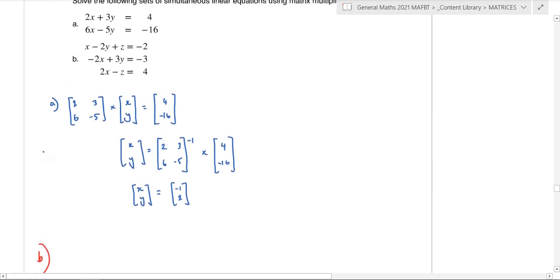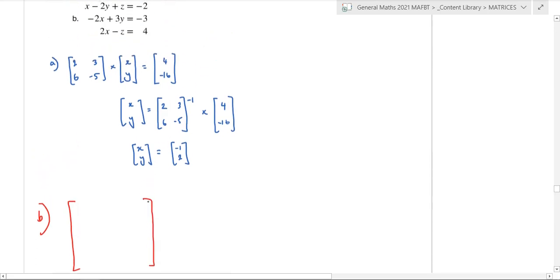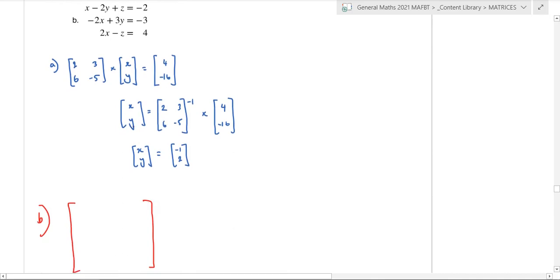Now, again, look at this. There's three equations. That means it's going to be three unknowns, and it's a 3 by 3 matrix. So give yourself space to do this. Let's get the numbers going. Also remember, X column, Y column, Z column. The X column for the first equation, there's 1.